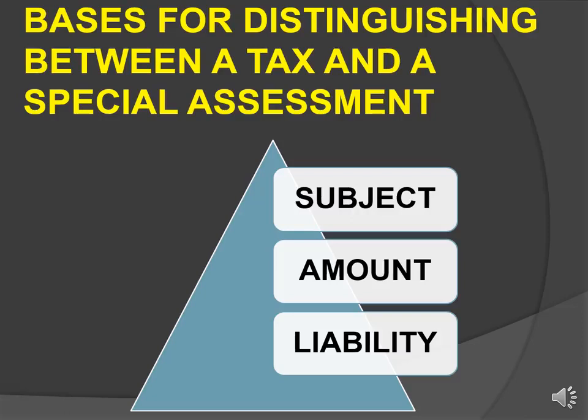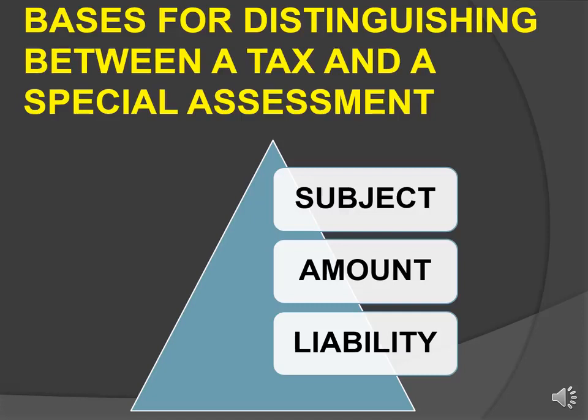With respect to amount, as we said before, since the power of taxation here is revenue raising, the amount here is practically unlimited, and sometimes it's even said to include the power to destroy. However, with regard to special assessment, the amount is limited only to the recovery of the expenditure made by the local government.